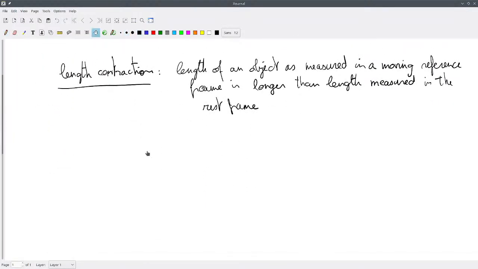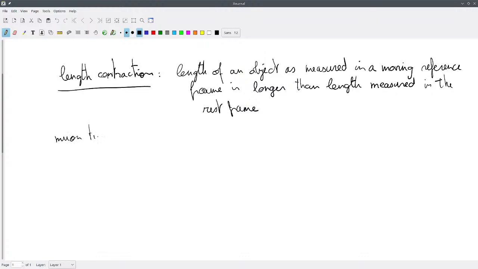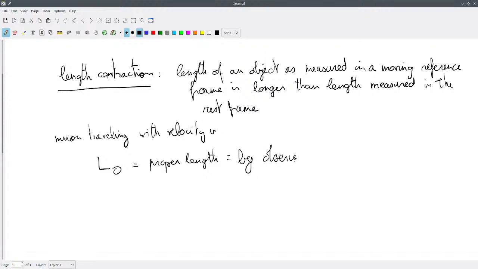So in the case of a muon traveling with velocity v, the length L0, which is the proper length, is the length measured by the observer on Earth. That is going to be v times delta t, where delta t is the time measured by the observer between the two decays.